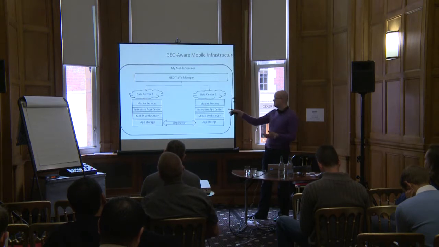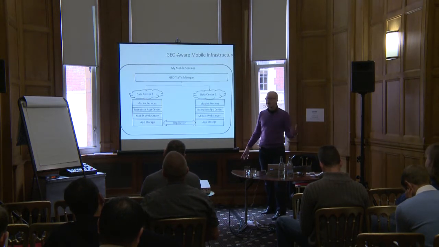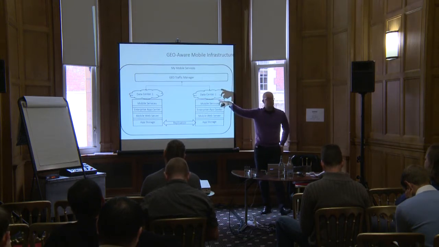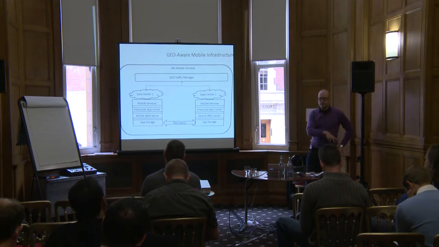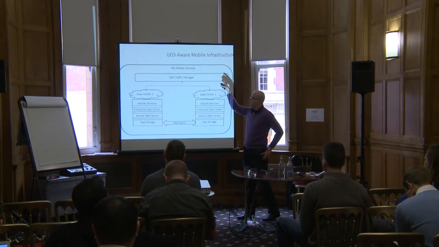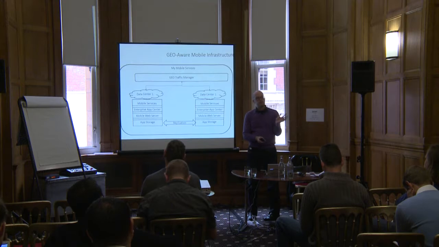But essentially, you're going to have multiple deployments of your backend, and then put something up in front of that which is geo-aware, whether that's Dynatrace, or Windows Azure Traffic Manager if they ever ship that thing, or any technology that knows how to intelligently route a request based off where the user is coming from.